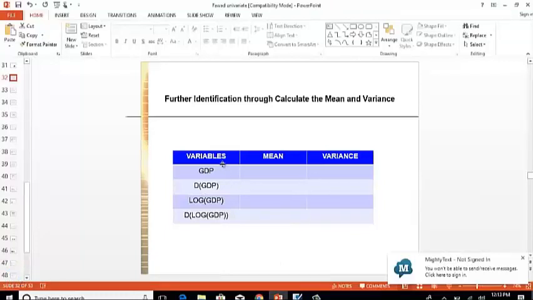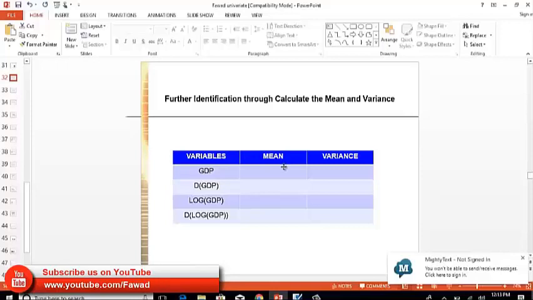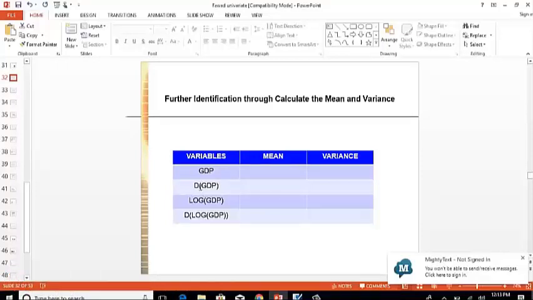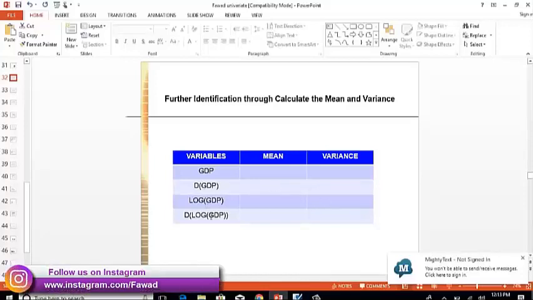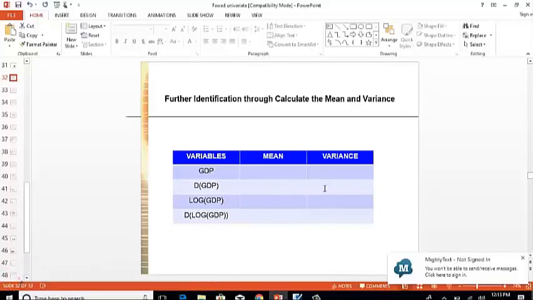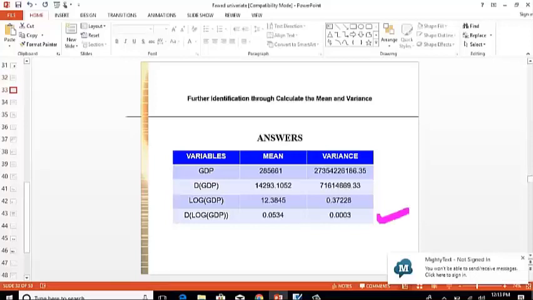Yes, so this is our variable GDP, write its mean and variance, and this is our DGDP with its mean and variance, log GDP mean and variance, and D log GDP mean and variance, and compare all of it. Pause this video and calculate by yourself. Yes, this is the answer.